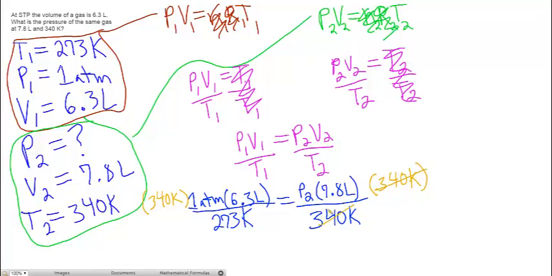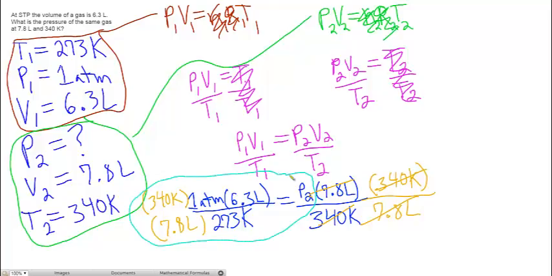That gets rid of these. Then divide both sides by 7.8 liters. That gets rid of those. Now we're just left with P2 equals everything here.